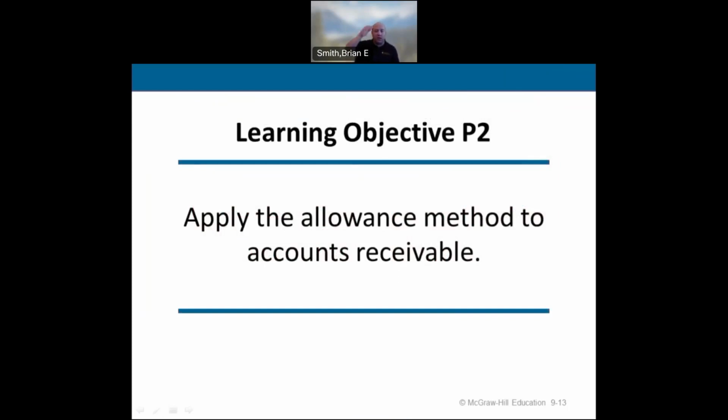But the bottom line is we have this allowance method where we're going to say, we think around this much percentage of something is going to go bad, okay? Whether that's basing it on sales or basing it on what's owed to us already. There are two different methods within the allowance method, so we're going to determine which one's best for the company and go from there.